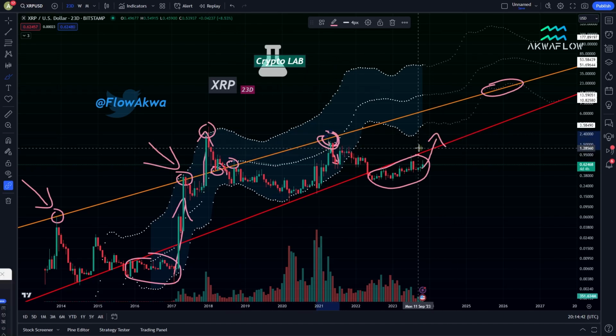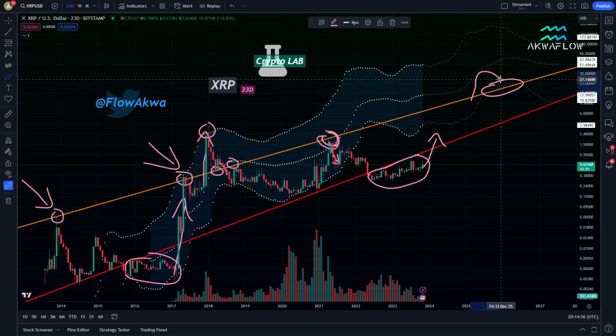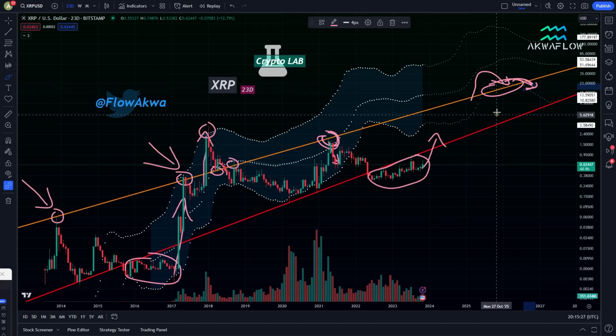So in the future, I expect XRP to use this line as a resistance. If we are ever able to cross above it, then maybe it will become a support, right? Before another breakout, and we will start using it as a resistance again. So we don't know how it will play out.